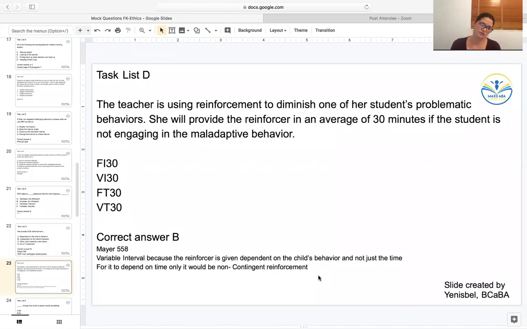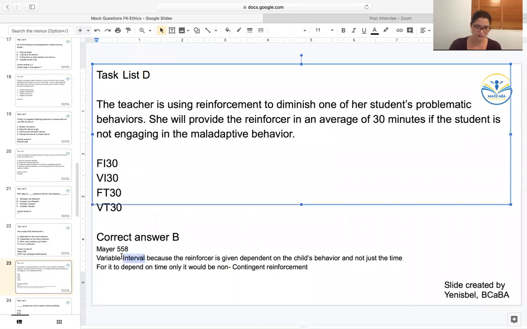Right. The basic schedules of reinforcement are just focused on variable and fixed intervals, and ratios. Another tip: when we say interval, either variable or fixed, the reinforcer is given dependent on the child's behavior.